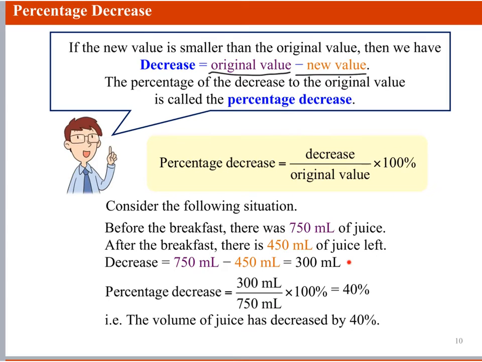So someone drank 750 minus 450 equals 300 ml. And the percentage decrease is the decrease over the original value times 100%, which equals 40%. So the volume of juice has decreased by 40%.